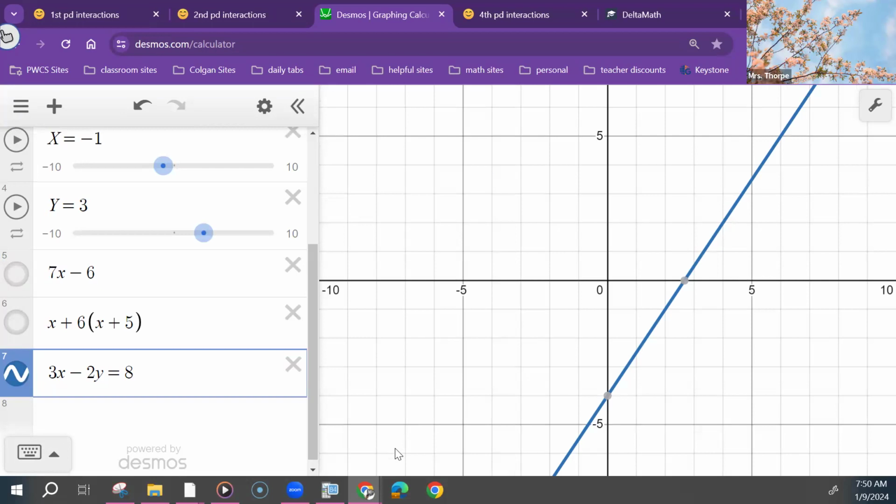So y-intercept is -4, slope is 1, 2, 3, 4 over 3. Oh, that's not right. It's 1, 2, 3 over 0. And then if you find your slope and your y-intercept, you need to rewrite it without actually solving it. Any Desmos or other questions? Need me to go back to anything?